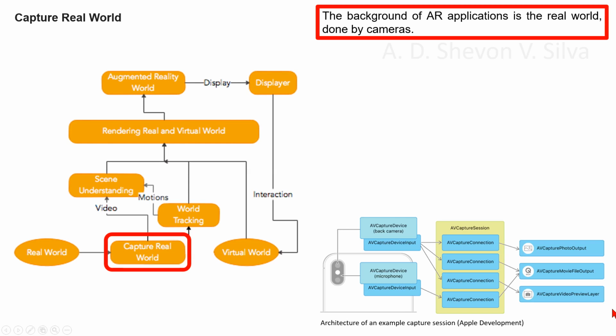Configure input devices, output media, preview views, and basic settings before capturing photos or video. Here, an AV capture session is the basis for all media capture in iOS and macOS.